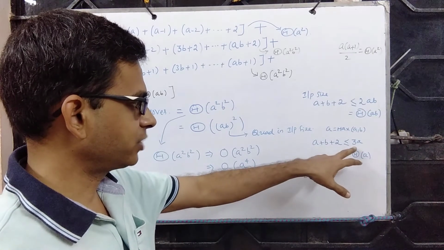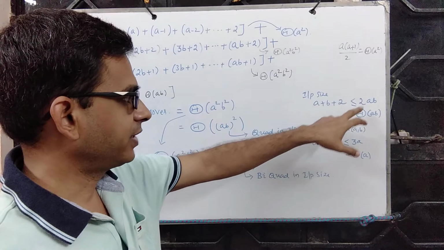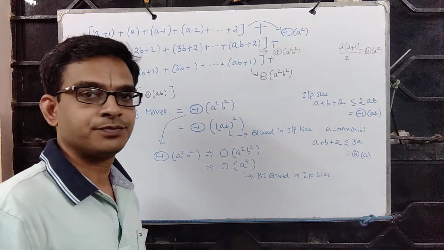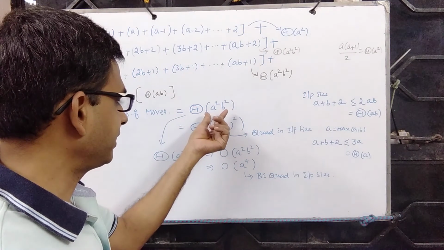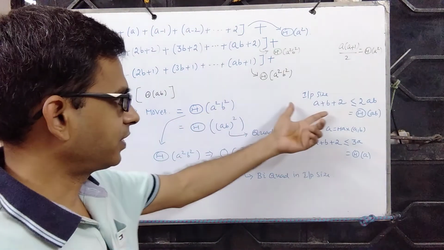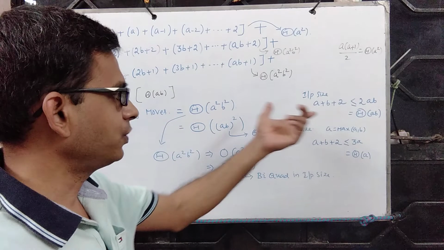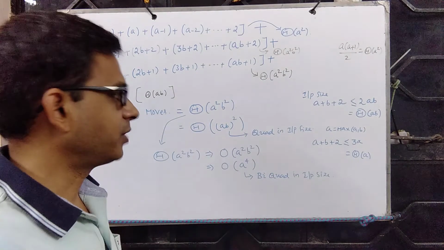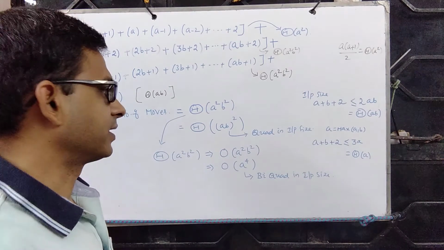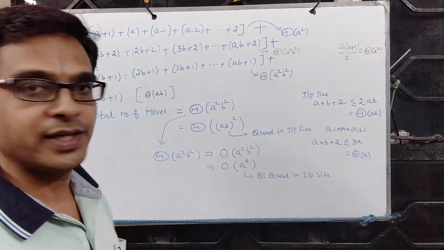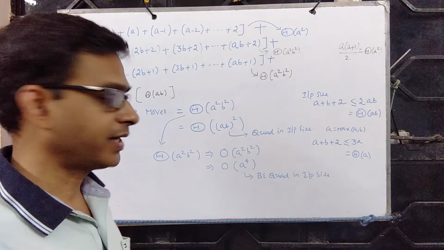Over here we say input size is 3A, over here we say input size is AB. But strictly speaking, one should rewrite this as a function of A plus B plus 2, and then one can talk about whether it is A plus B plus 2 the whole square and things like that. Okay, that would be the appropriate or the right estimate.